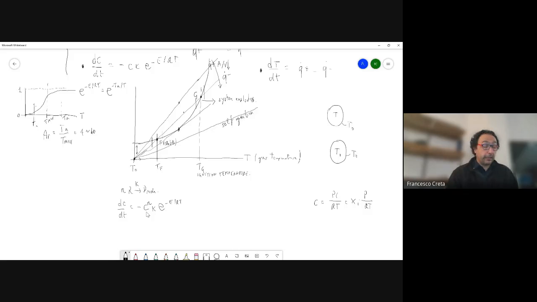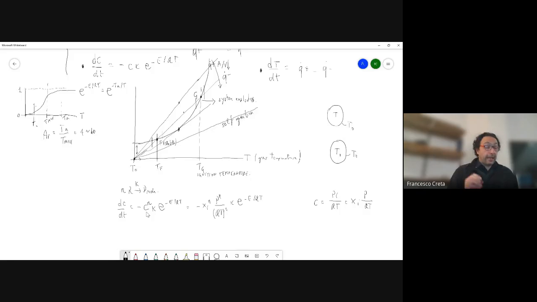So we can write here something like minus x_i to the n, p to the n, RT again to the n, k e to the minus E over RT.